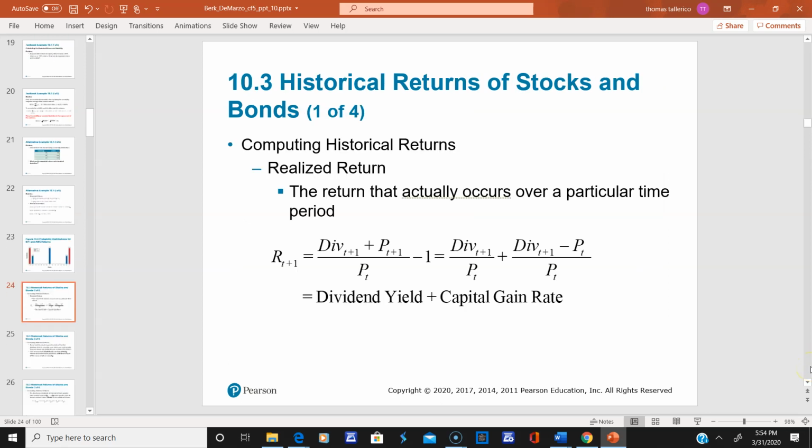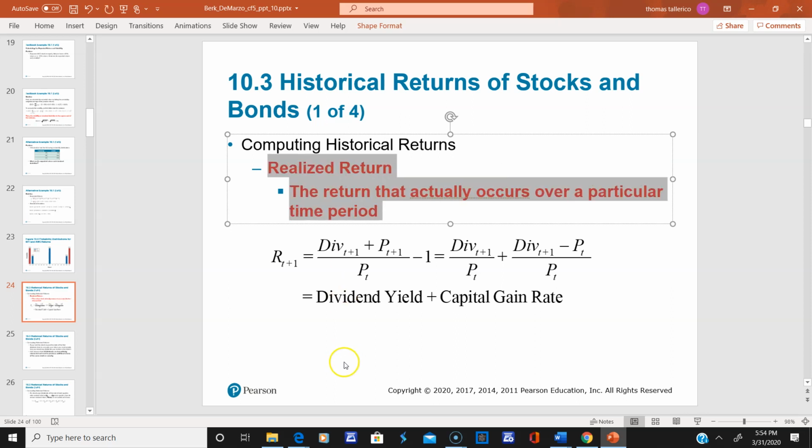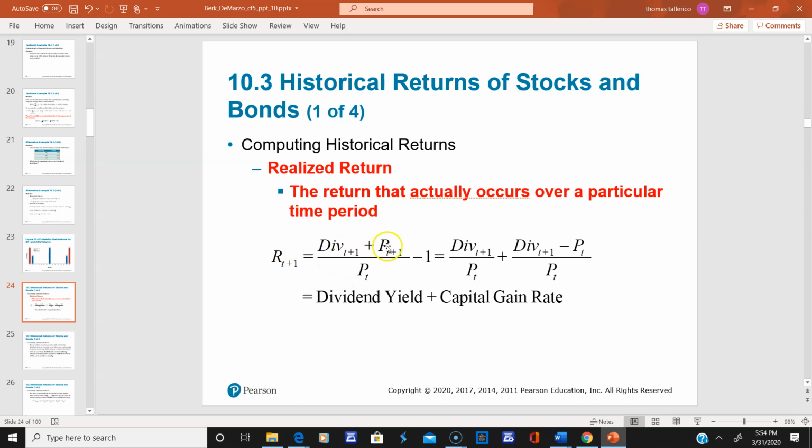Okay, so this equation here, we're going to talk about computing historical returns, and I think we've talked about this in class already. Remember we talked about holding period return, and this is the equation that tells you the actual return, the realized return, what you got over time, okay? So if you look at this equation real carefully, here's a cash flow.